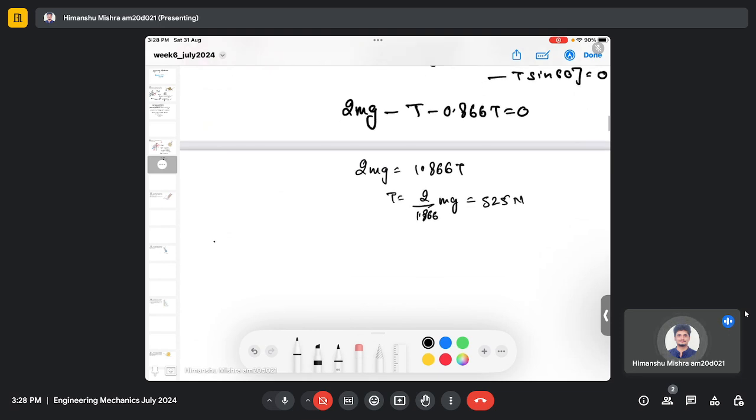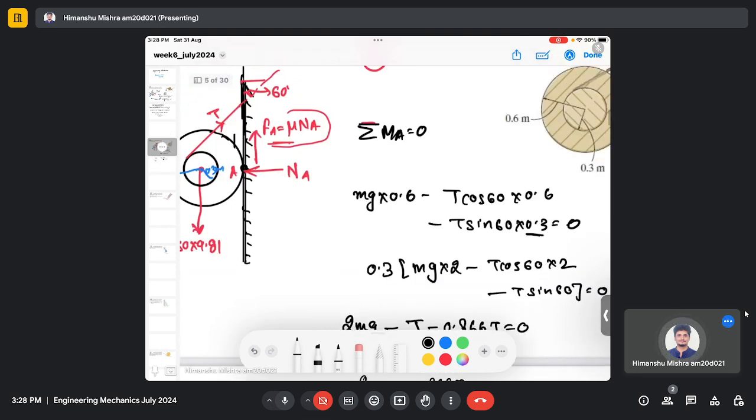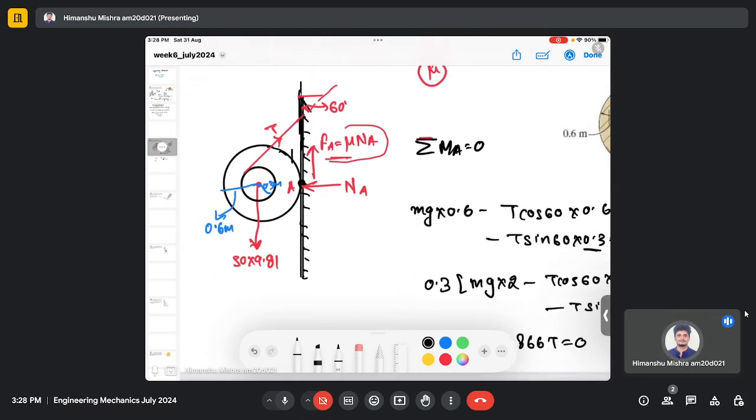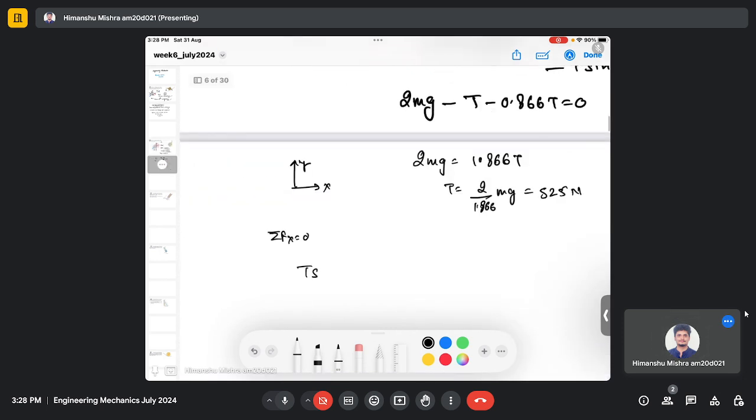And if you do the force balance analysis in the x direction, having the coordinate system aligned like this, then you will have the component of this tension, T sine 60, and this normal force NA. So here you will get the normal force as T sine 60.